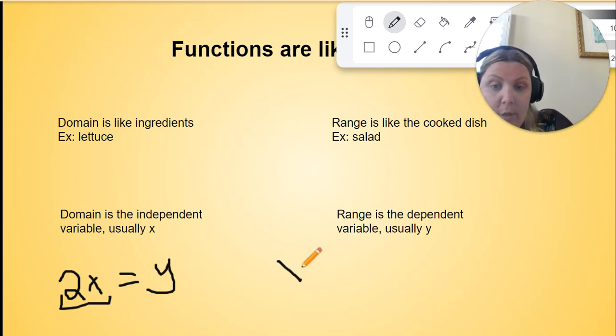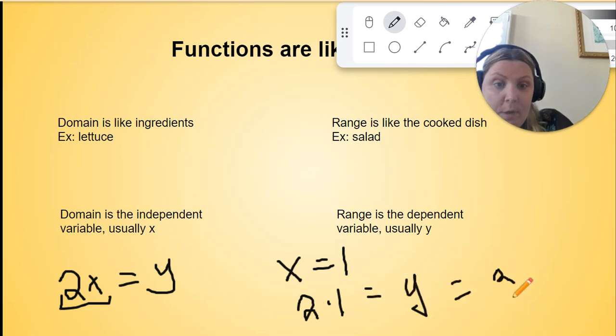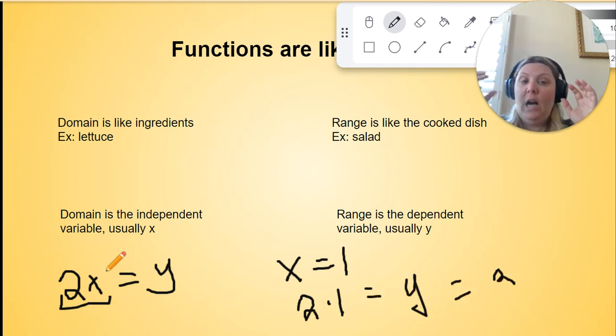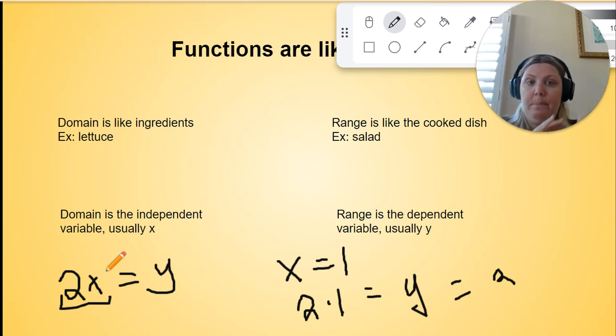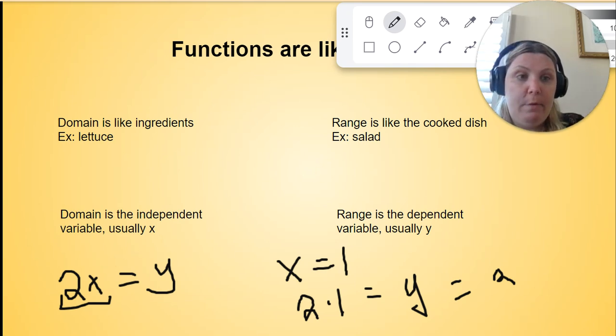So let's say I want to take x equals 1. Well, 2 times 1 equals y. So y equals 2. So this is literally our instructions. The function is the instructions. What do I do to the x to get y? Very, very straightforward.